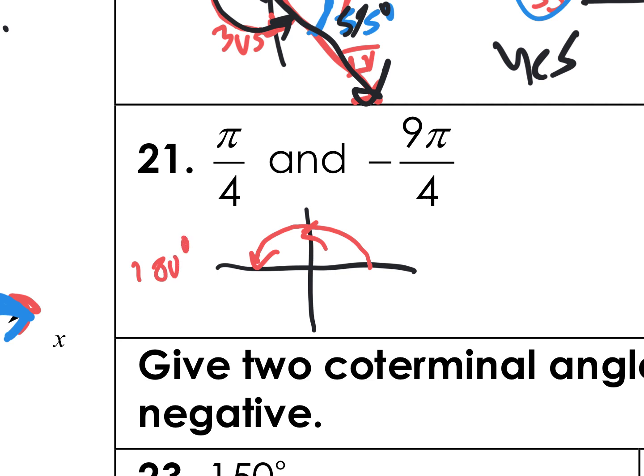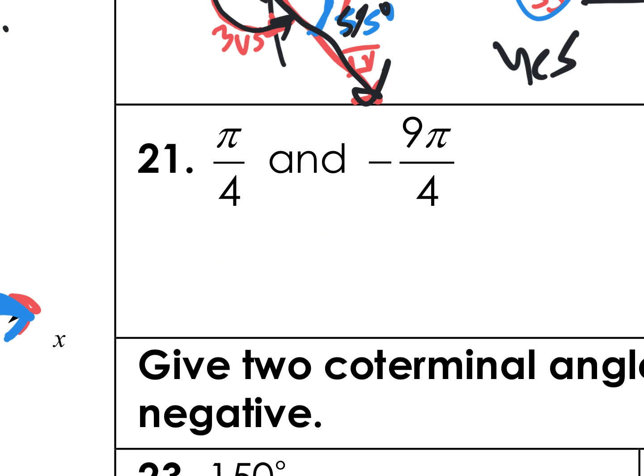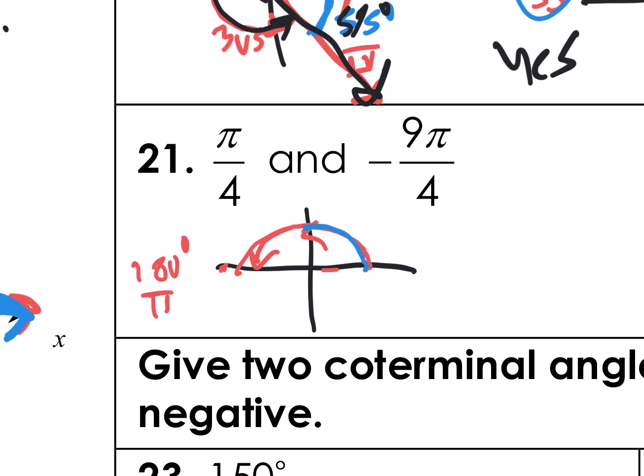But remember, it also is called pi radians. This is pi. Well, if I go to 90 degrees and I stop up here, that would be half of pi. So we call that pi over 2, which is 90 degrees. If I only go up halfway to 90 and stop right here, that angle is 45 degrees.